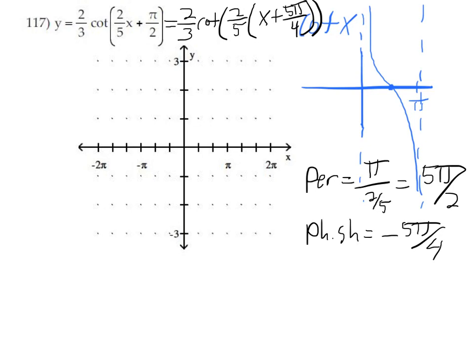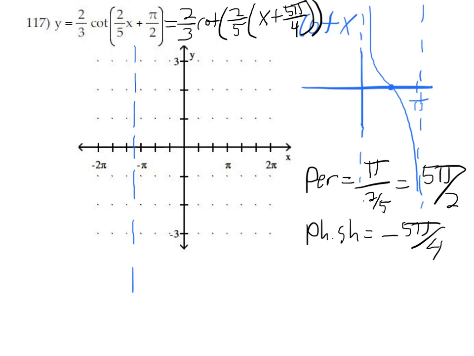Okay, now our normal asymptote is at 0. In this case it's at negative 5/4 because we went left 5/4. So that's a full pi and another fourth. So that puts us about right here. Now the period is 5/2. So I need to move right 5/2 of this asymptote to find my next asymptote.